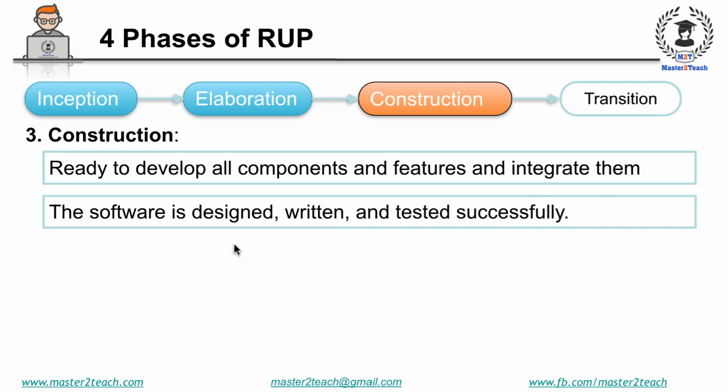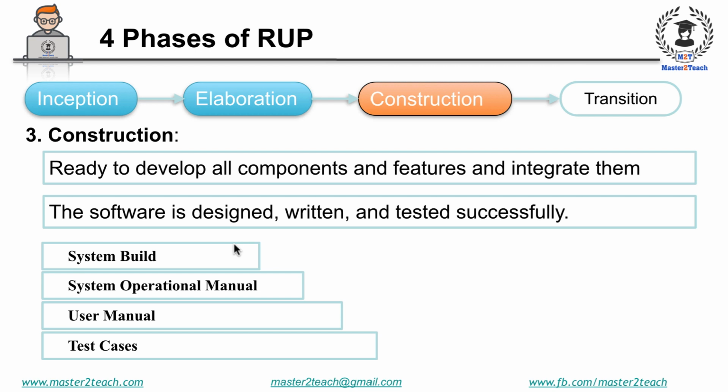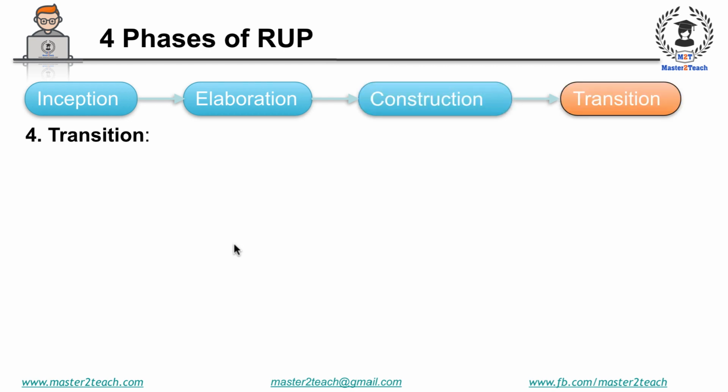The outcome of this phase is the ready to deliver product to the customer and sometimes may be treated as a beta release. The major tasks involved in the construction phase are as follows. System build, system operation manual, user manual, test cases.